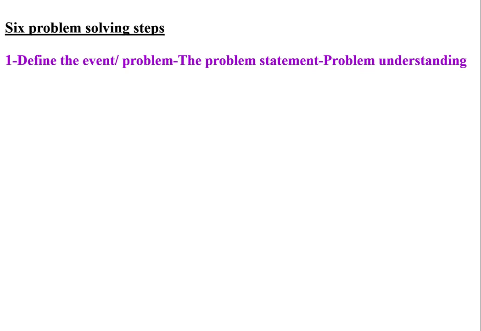So from the start we have to highlight and make it clear that we are discussing a certain event or a specific problem, and we should formulate what we call the problem statement.